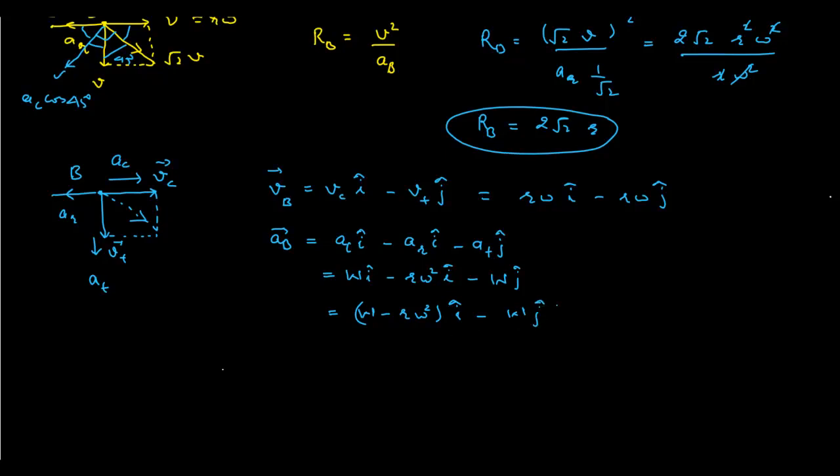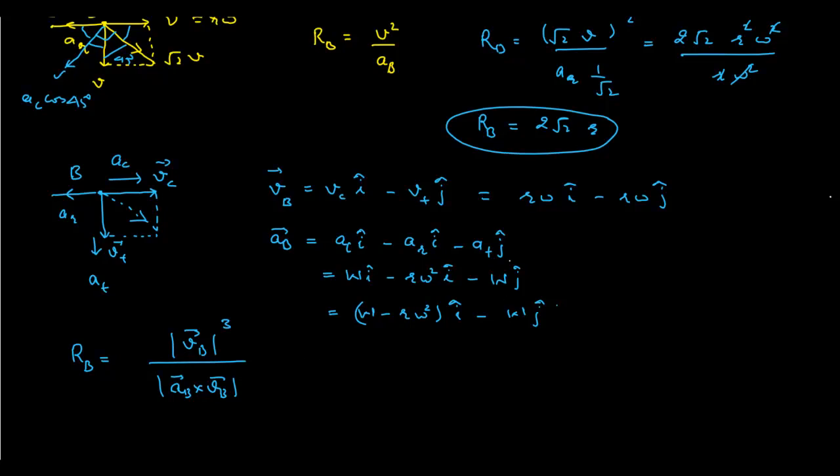Now in order to get the radius of curvature of point B, we need this magnitude of AB cross VB and the cube of the magnitude of VB. Clear?